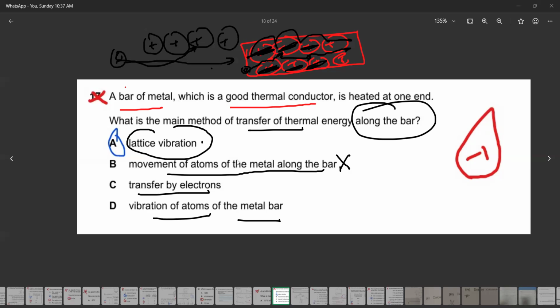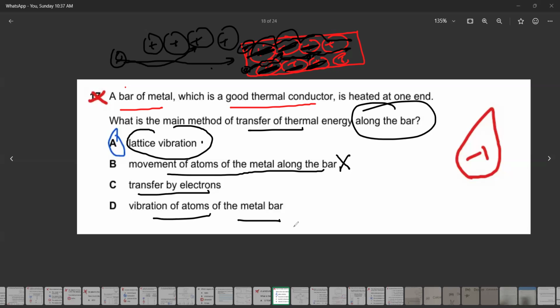So electrons move through the structure and collide with the lattice, and they transfer their energy. The maximum amount of energy is transferred this way. Even a 3-mark question asks you to explain how conduction happens. In a metal, conduction happens by lattice vibration and by the transfer of energy by electrons moving from one place to another.